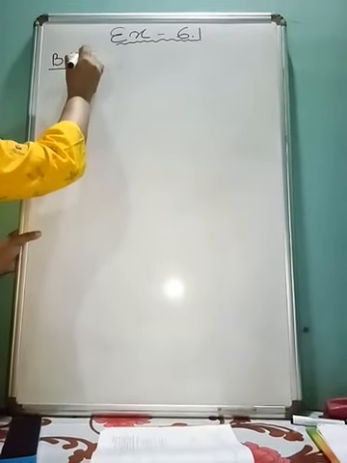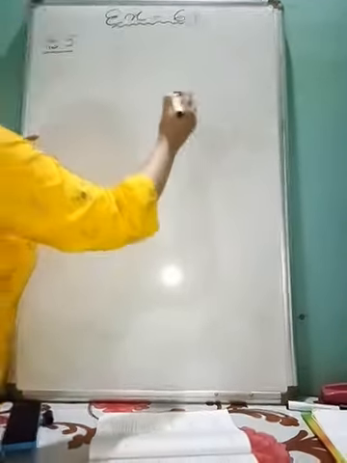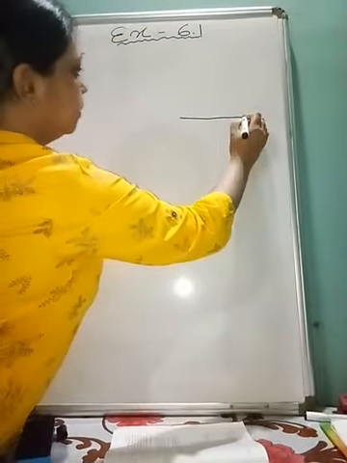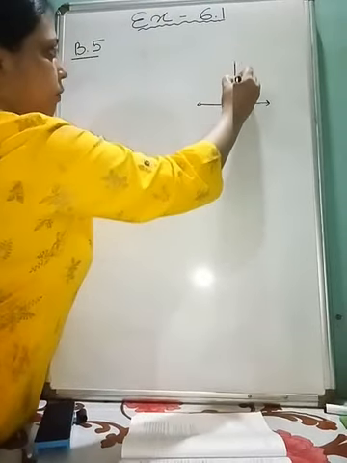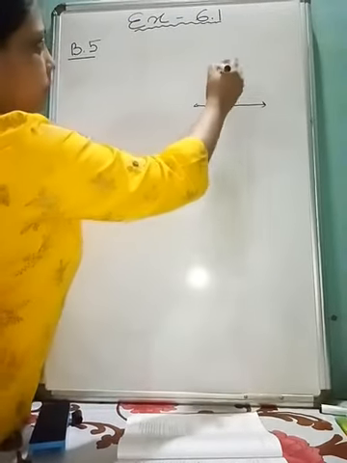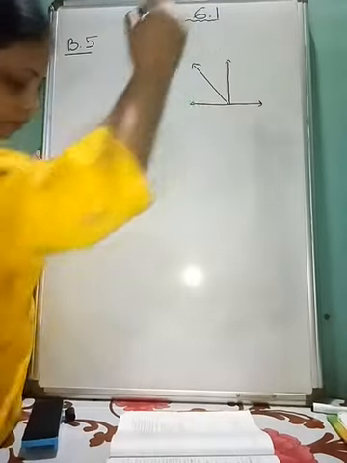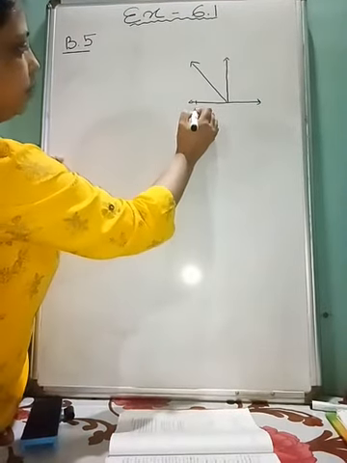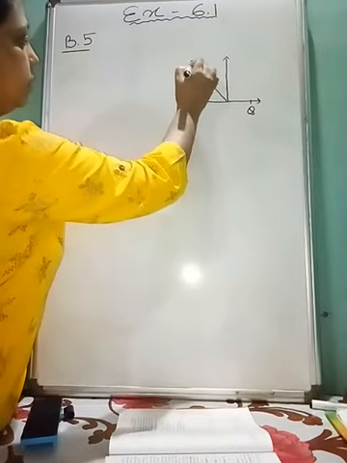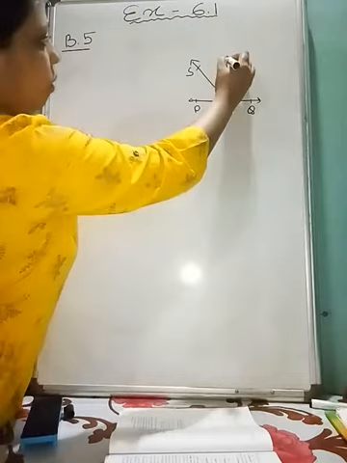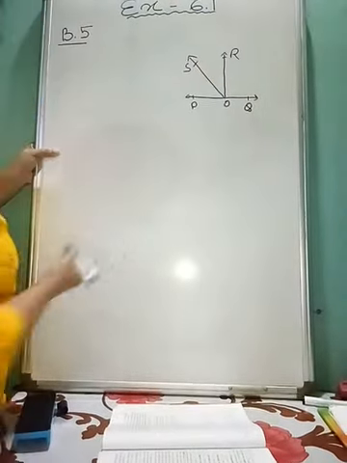Let us do B5. So we are given the figure here. Given the line PQ, then S here, and ray OR. This is OR, a ray here.